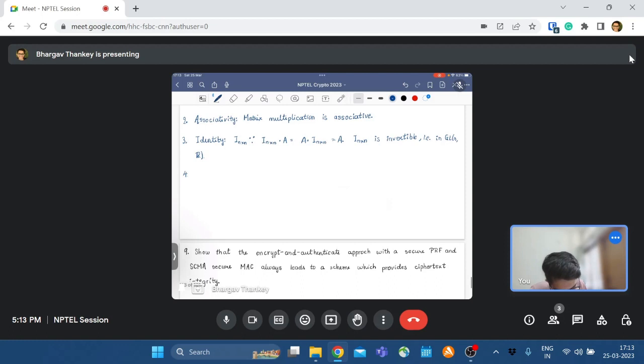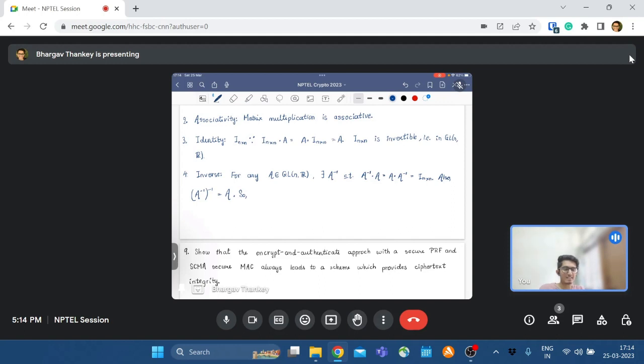The fourth thing that we need to look at is inverse, right? So for any A in GLN, well, A is an invertible matrix, so there exists A inverse such that A inverse times A is equal to A times A inverse is equal to I n.